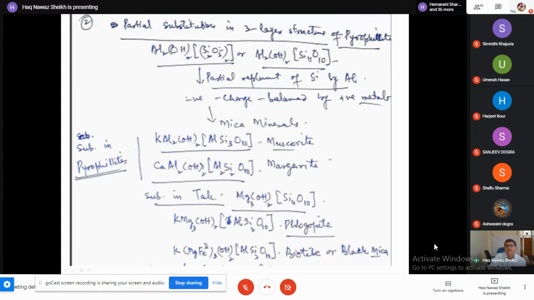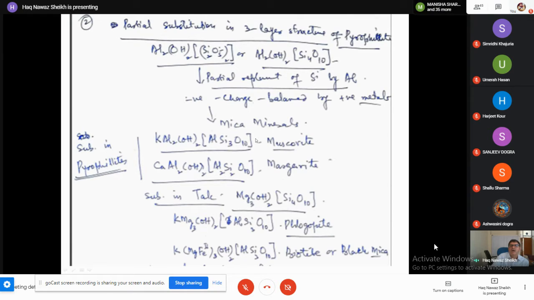So when you have partial replacement of silicon by aluminum, you get negative charge in the silicate layer. That has to be balanced by some metals, which are then placed in between the layers, and that generates the mica. So this is muscovite mica, where one aluminum has been replaced in this three-layer structure of pyrophyllite. One aluminum, Si3 now, O10.